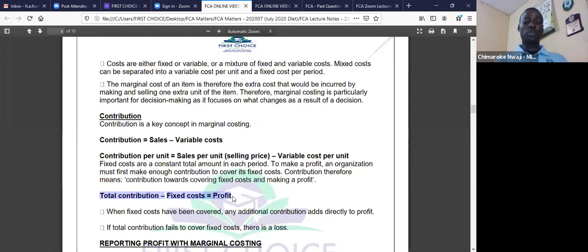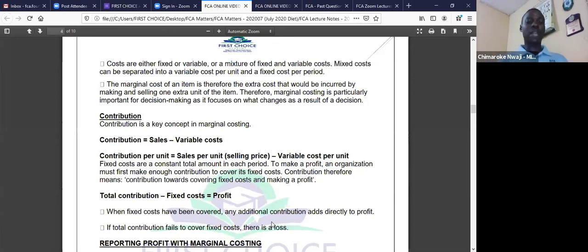So these are the two formulas that contribution has. Total contribution is equal to sales minus variable cost. Total contribution equals profit plus fixed cost. We are going to be playing with these two formulas a whole lot in this course. Now we've seen the major ingredients in marginal costing. So if you are doing marginal costing and you have not done contribution, then you have not done it.